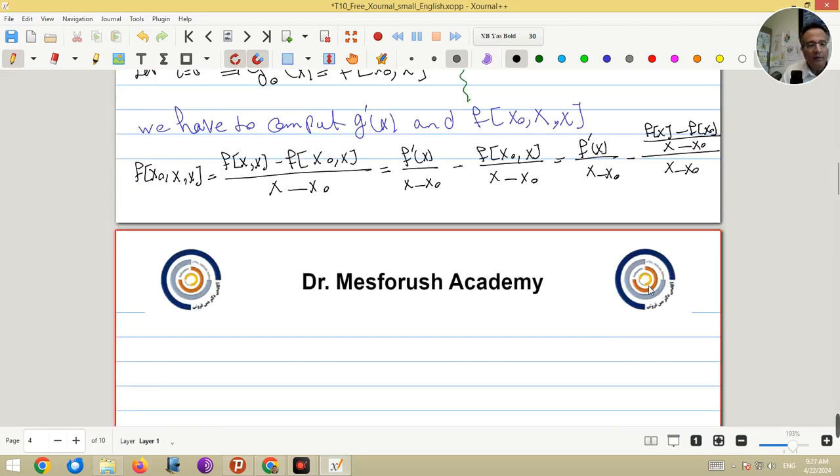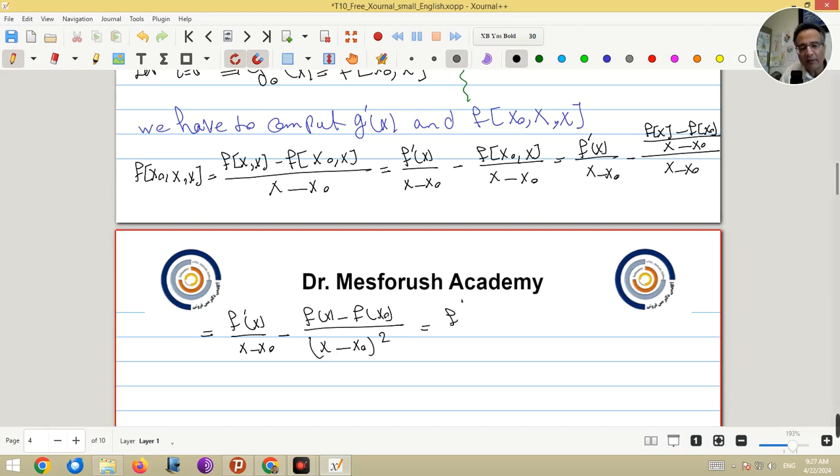Okay, let me do some more computation. It will be f prime of x over x minus x0, minus, and here I can write, f of x minus f of x0 over x minus x0 squared.